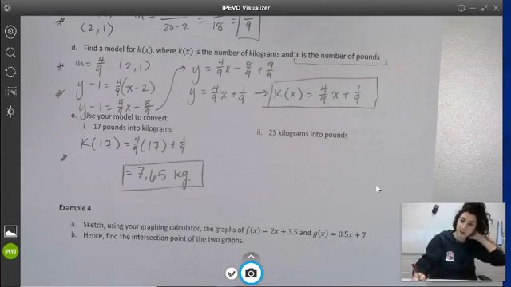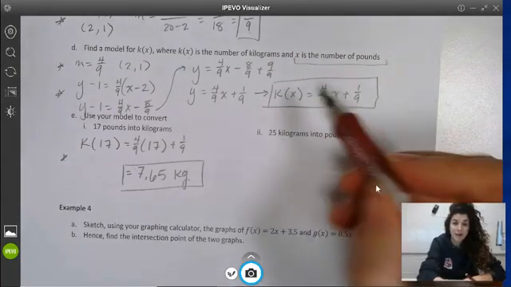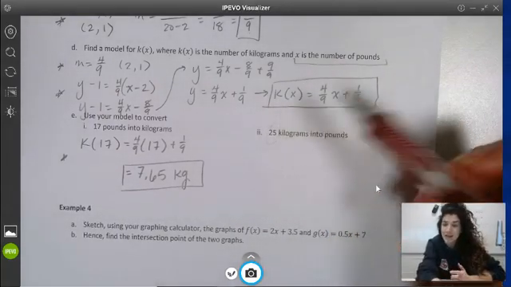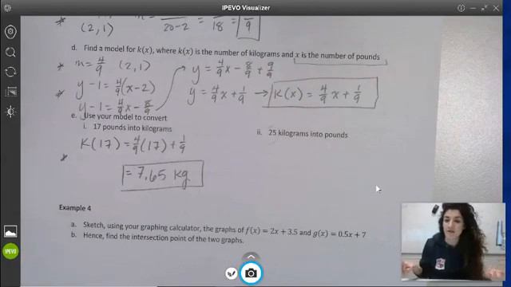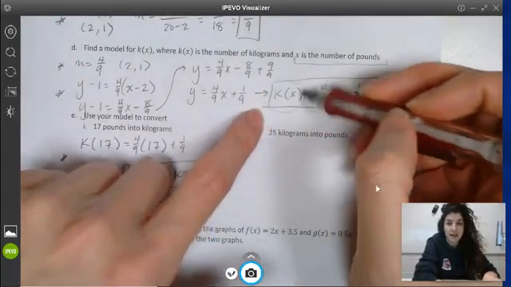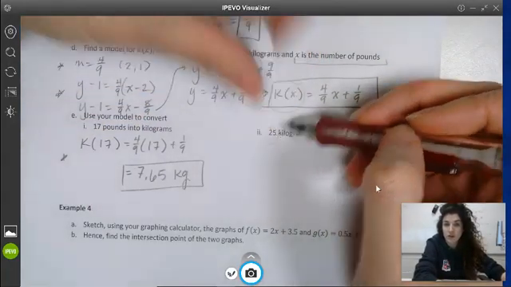We want to convert 25 kilograms into pounds. Kilograms to pounds means that we are plugging in 25 not for x, but for what we think of as y. Y, in this case, is k of x. So I'm going to replace k of x with 25.